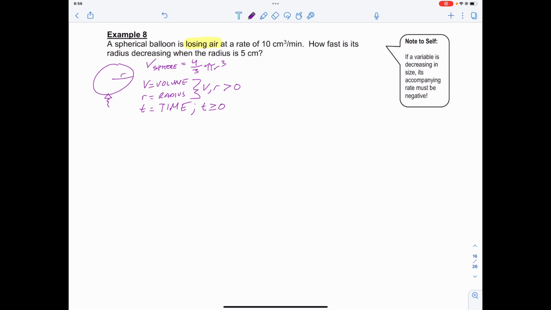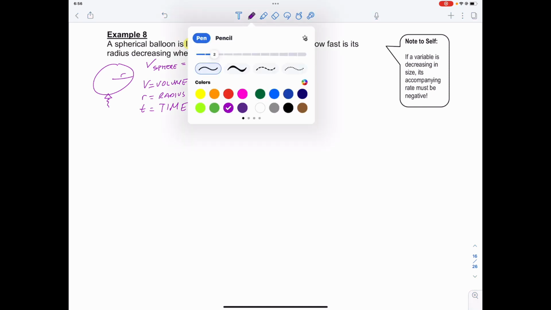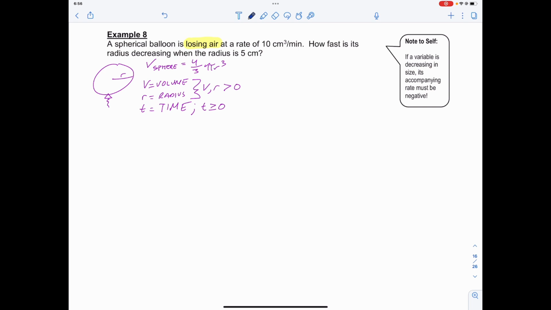What else do we know? We know that dV over dt is equal to, it says it's losing air, negative 10 centimeters cubed per minute. We also know that we're searching for this when R is 5 centimeters. We're trying to find dr over dt.